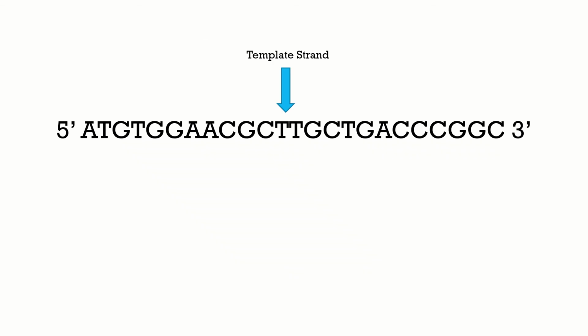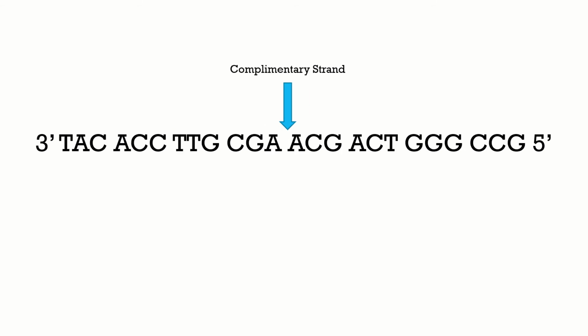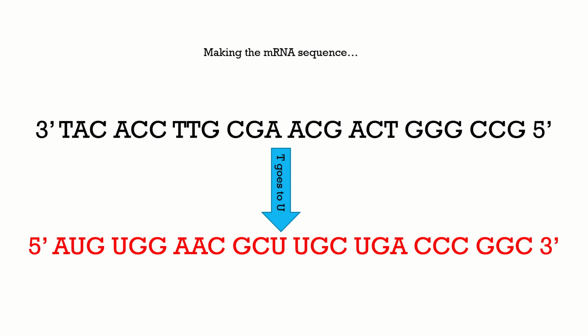So for the sake of time, I will be under the assumption that if you're watching this video, you understand how we can get from a given DNA sequence to amino acids and codons. So in this, we are given an example template strand of DNA, which we are then going to go through the process of making RNA.